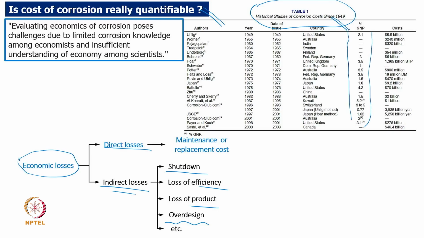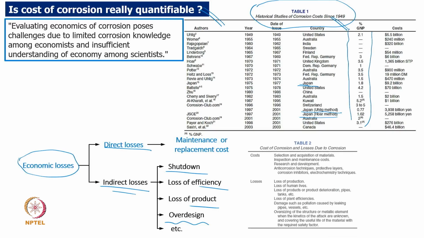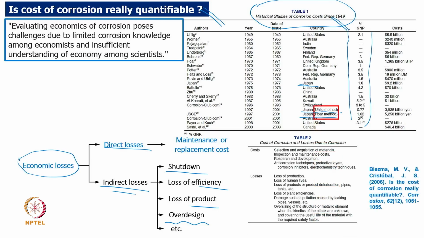You can see here that India's name is also there and Japan is also there, but we are able to see some different methods which have been utilized by the authors. And this is table 2, and this is the reference from where this table was picked up, which was published in 2006. You see the cost of corrosion and losses due to corrosion, and this is what our topic is, the financial losses.